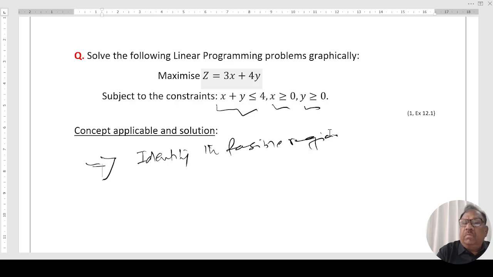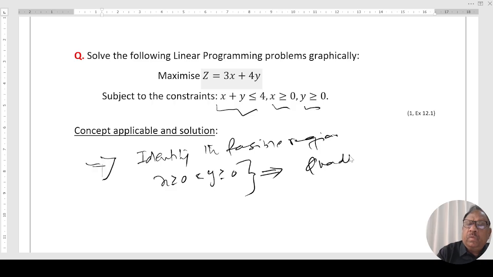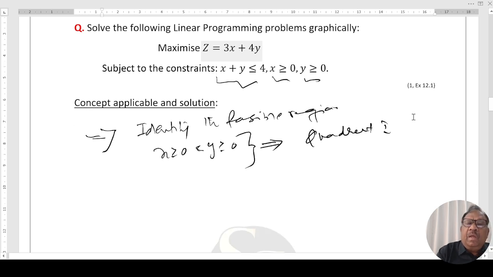Now, we will discuss the constraints one by one. x greater than equal to 0 and y greater than equal to 0 means the feasible region lies in quadrant 1. And x plus y less than equal to 4.